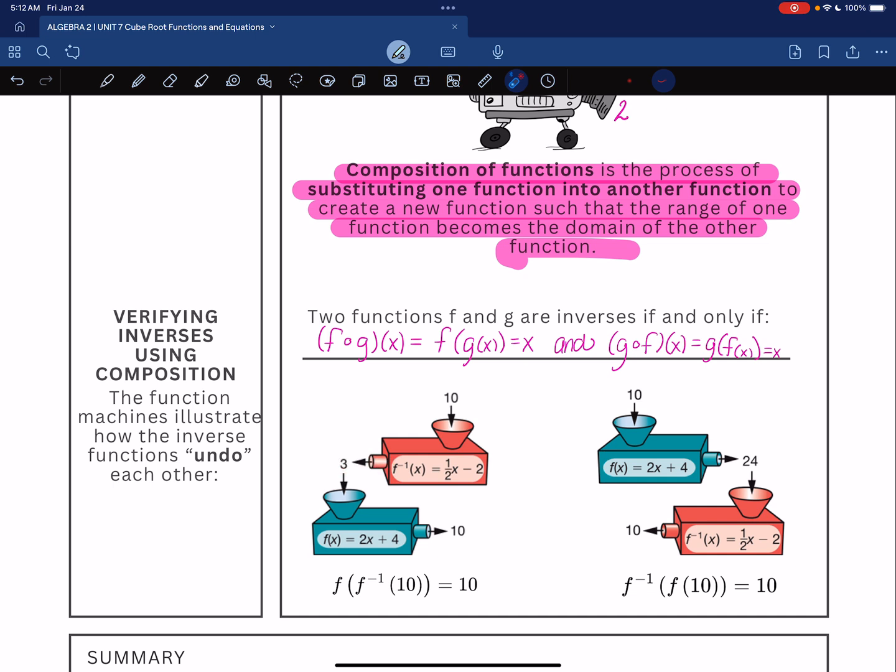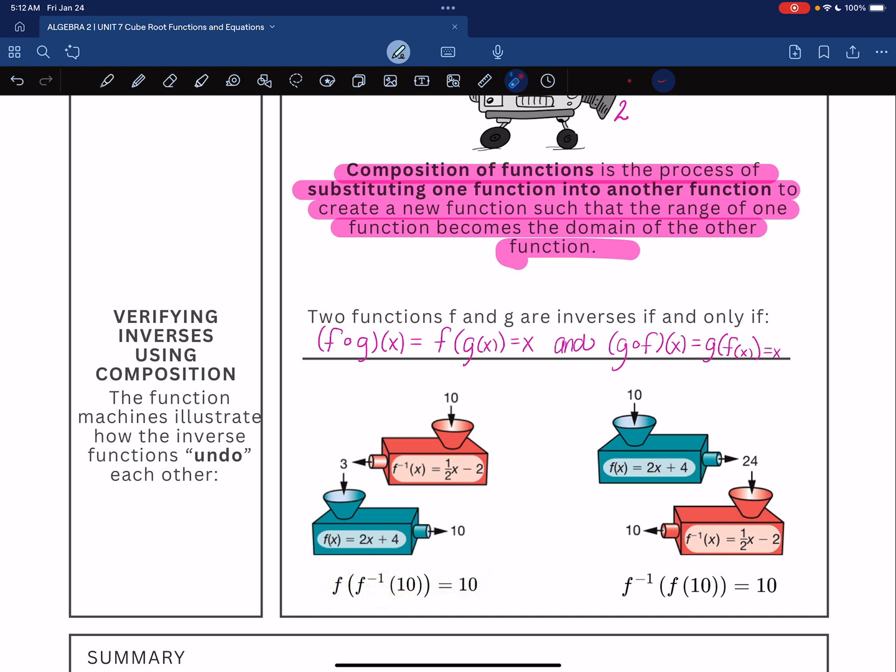Now if we take 3 and plug it into the original function f, then what does that give us? 3 times 2 is going to be 6, and then you add 4 to that, and our output is 10. So what we did is we took 10 inside of the inverse function, and then the result of that, which is 3, was plugged into f, and the output was 10.